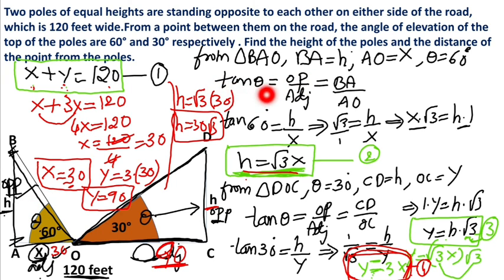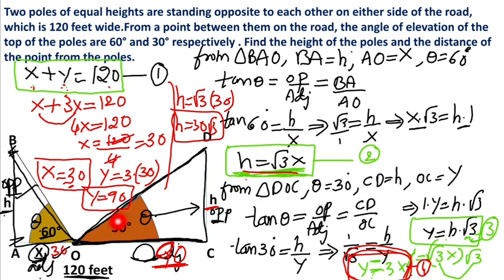So tan theta is equal to opposite by adjacent, that is BA by AO, and substitute the values. Tan 60 degrees value is root 3. Root 3 can be written as root 3 by 1, which is equal to h by x. By doing the cross multiplication, we get that h is equal to root 3x. Let it be equation 2.